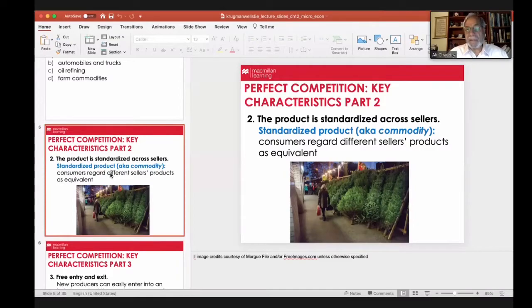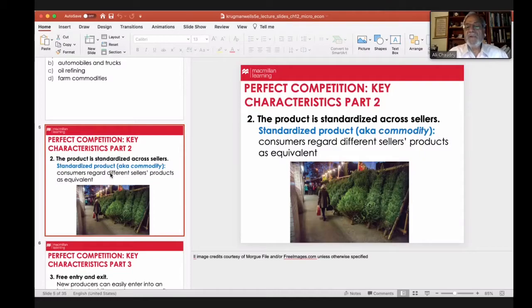Second characteristic of a competitive market, that they sell a standardized product. They are selling a commodity. They are not selling items that are different from others. As far as the consumers are concerned, they see the product of each of the players, each of the sellers, as the same.